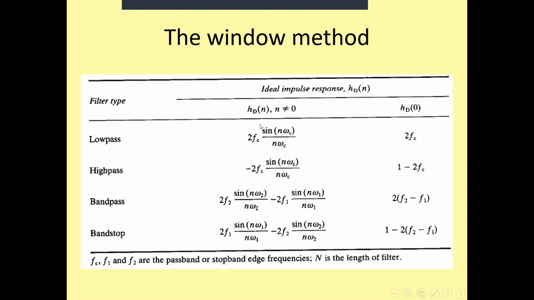After that, you are going to substitute the values of n in this equation. Of course, when n equal to 0, it will be 2fc. When n not equal to 0, you can use this equation, n equal to 1, 2, 3, 4, 5, 6, 7, and so on. So all we are going to do is to substitute the value of n.